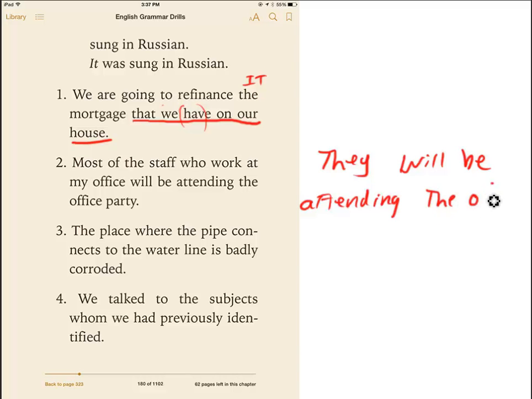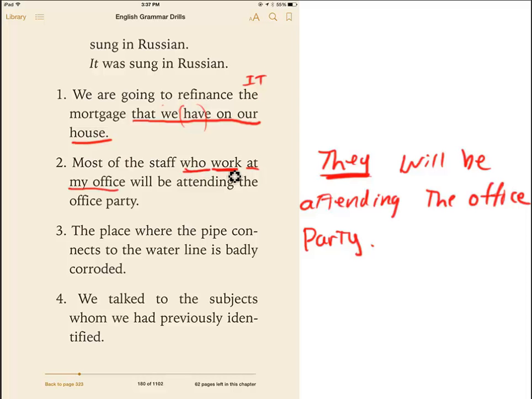Okay, what does they replace? Well, it replaces obviously who work at my office. Work at my office. Okay.